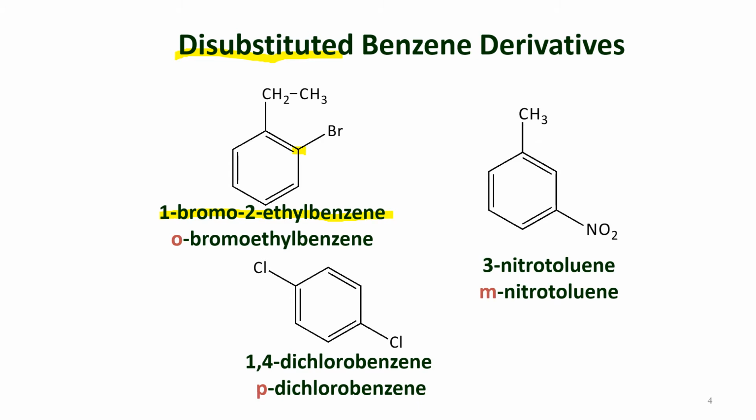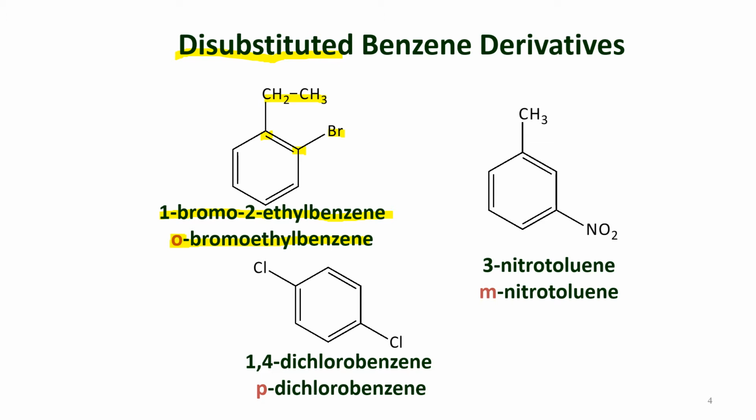So carbon number 1 has the bromine and carbon number 2 has the ethyl group, and they are alphabetically ordered. Now because these groups are attached at carbon 1 and 2, we can simply call it O-bromoethylbenzene in the historical or the old system.